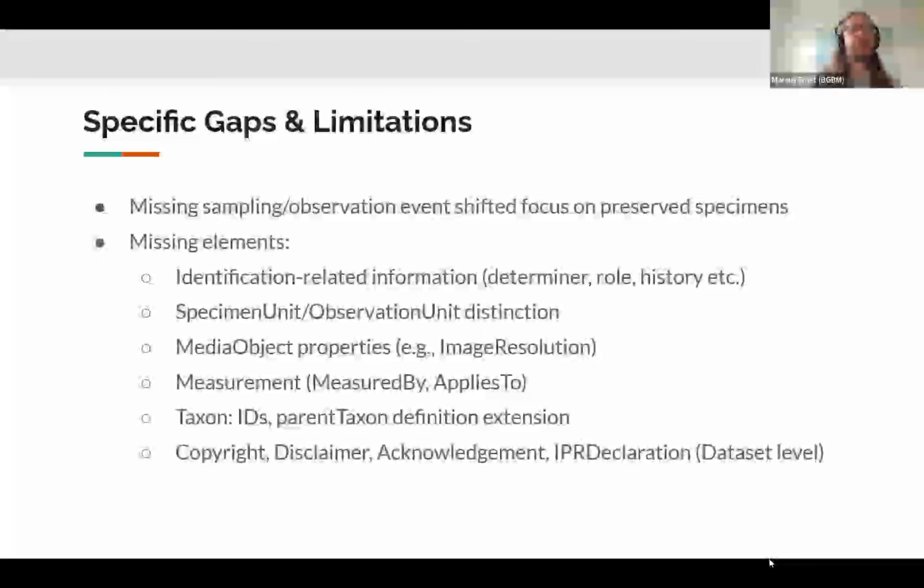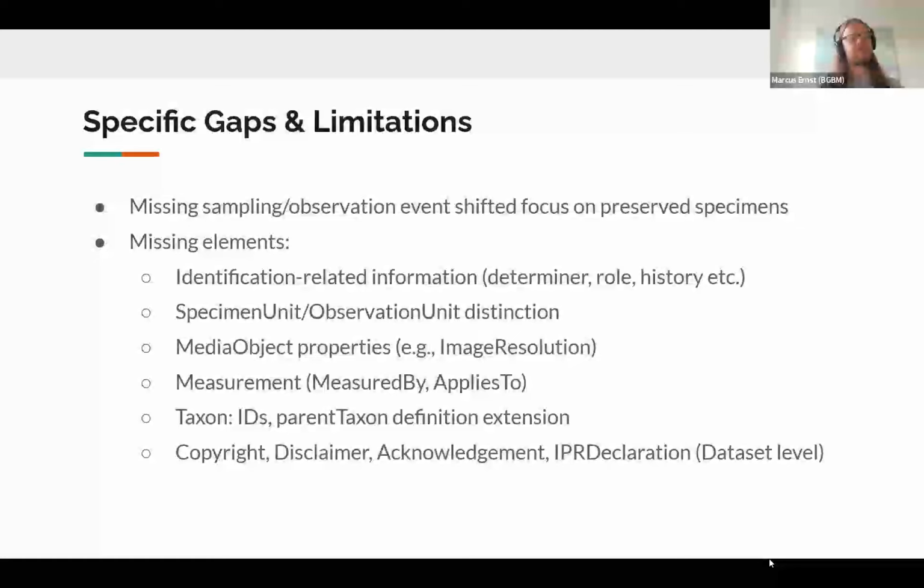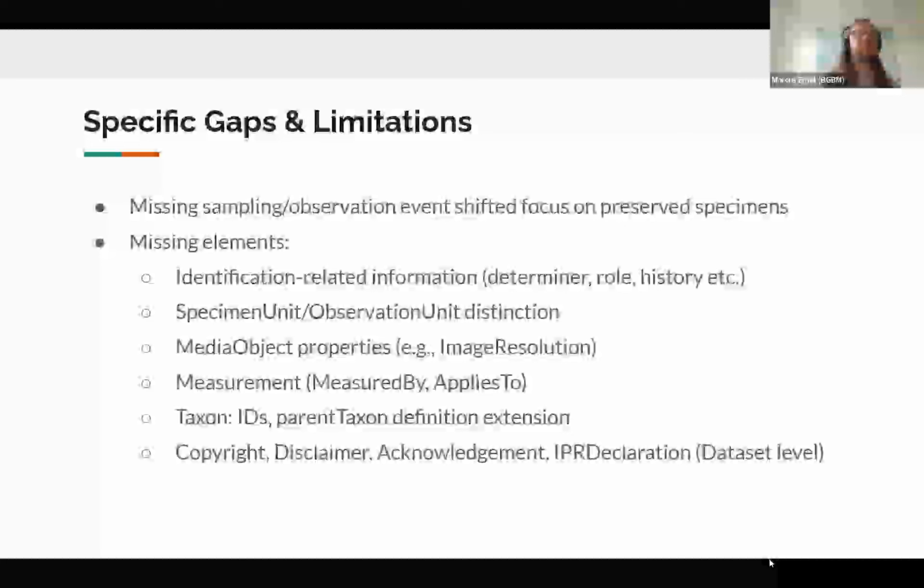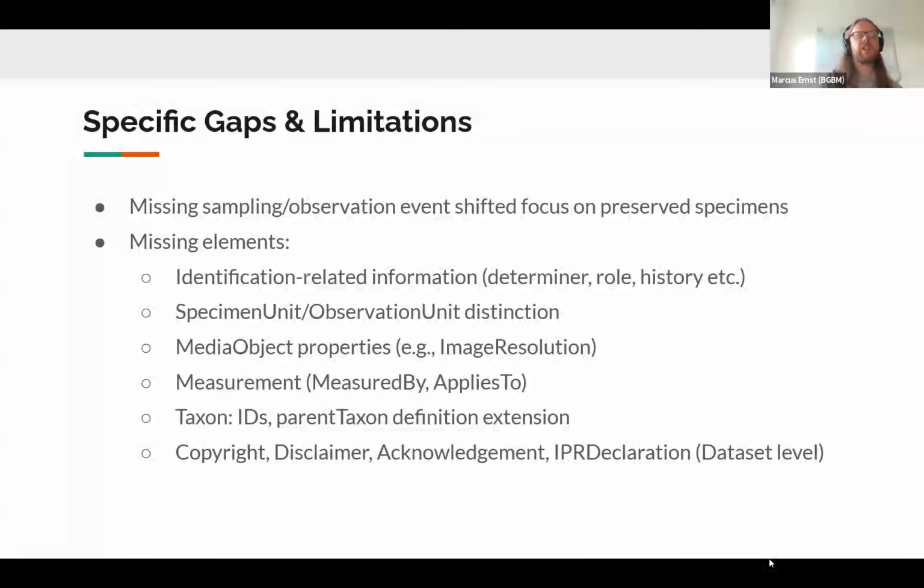And another problem is that IDs for taxons do not always exist in the origin data, because sometimes you don't have an ID for a specific taxon, and then it's really difficult to decide which ID you could use for this scientific name. And other gaps are, for example, copyright information, disclaimer information, acknowledgement, and IPR declarations.